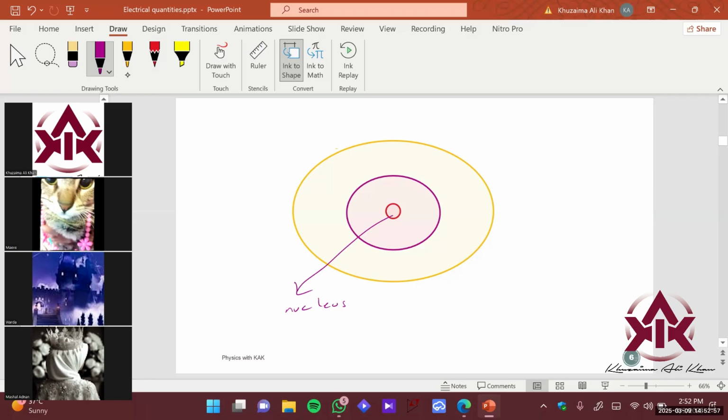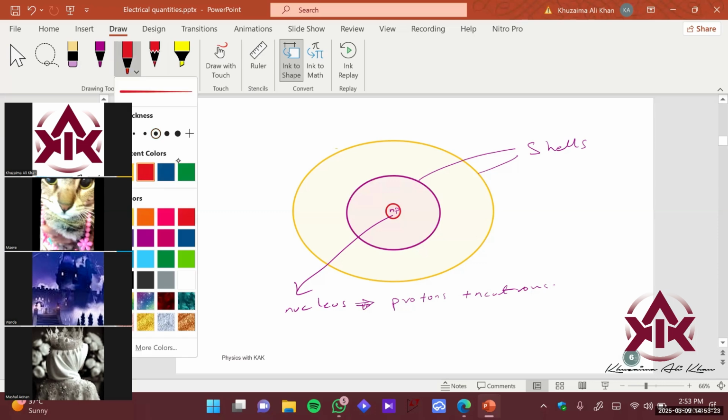And what are these called? Shells. Yes, these are called shells. In the nucleus, as you know from your chemistry classes, there are protons and neutrons. However, the shells only contain electrons.